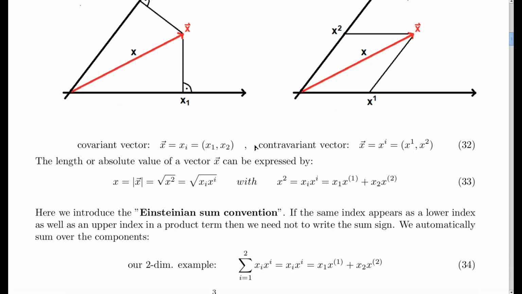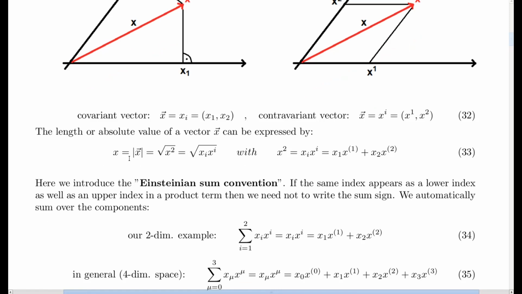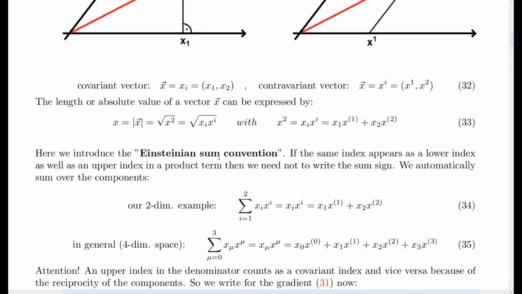Now we can write for the absolute value of a vector x this expression. It's a scalar product of the co- and contravariant vector, and a square root of course, because we would get the square of the length. And here we use the so-called Einstein sum convention.